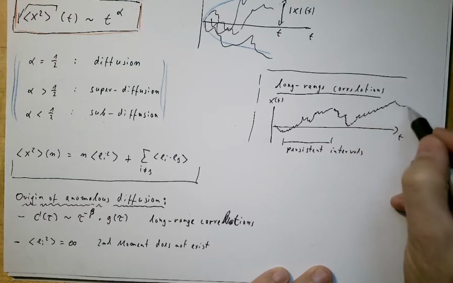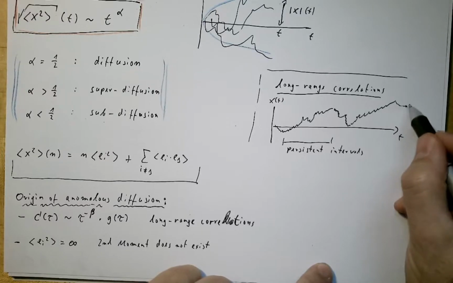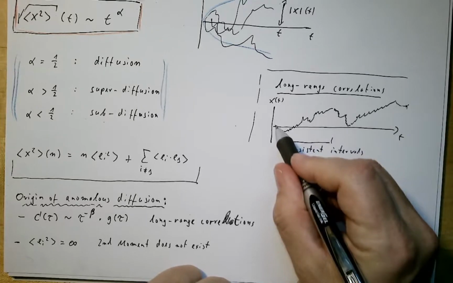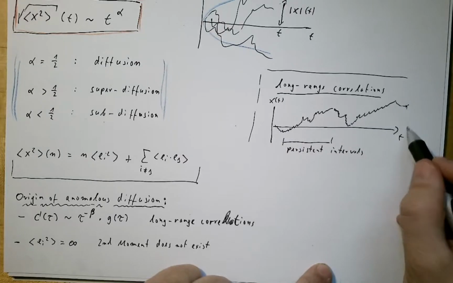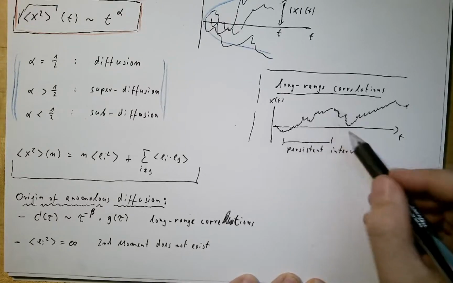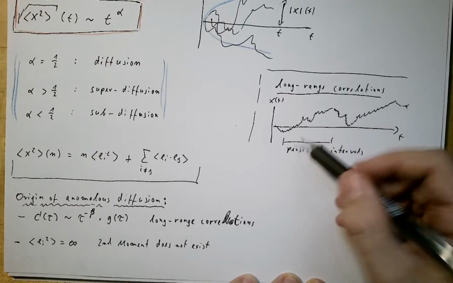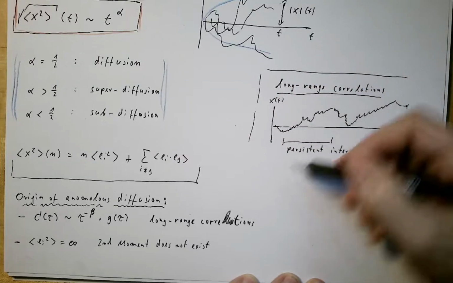If we now look at the increment at this position, then whether we go up or down at this one point will depend on what increment we had thousands or many time steps before, because the memory is over a long time. So you cannot directly see it by eye, but the idea is that you have persistent intervals which stretch the random walk, so that you have higher displacement.